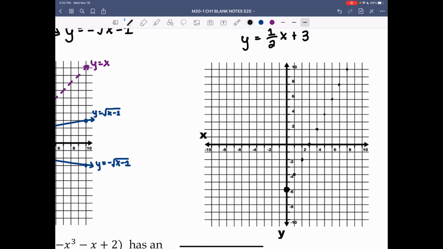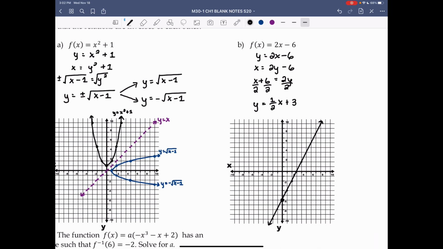I can also go down 2, left 1 to get some more points. That's our function f of x equals 2x minus 6.